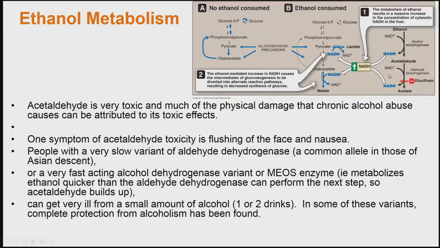So the toxic effects you see from drinking alcohol, really what you see from people who abuse alcohol long-term, are because of the toxic effects of acetaldehyde. And I just told you the pathway to process ethanol is present mainly in the liver. It does the majority of the processing.